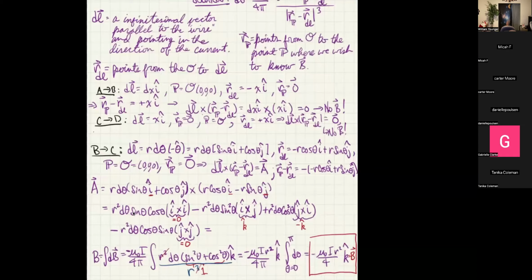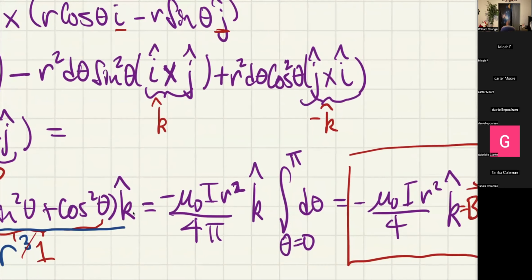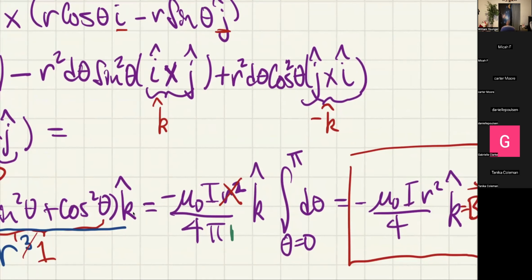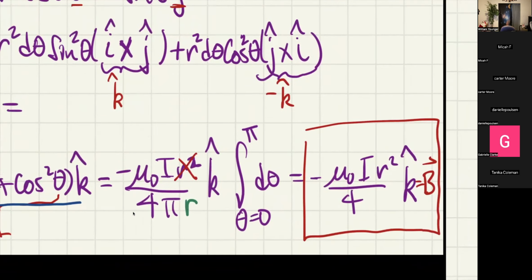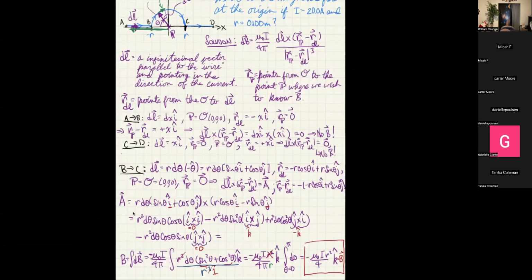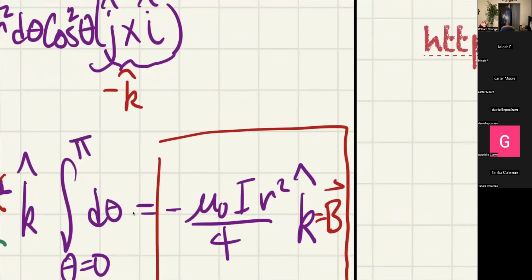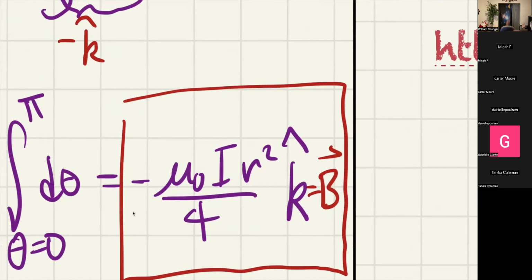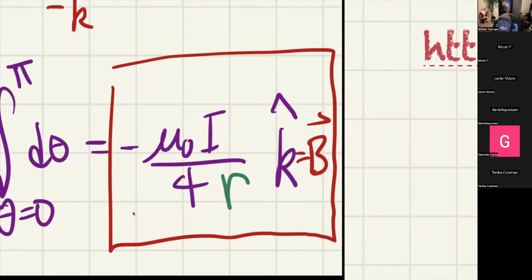So now in this case, this is gone, but we're going to have a single R in the bottom. And that means this part right here has the R squared being gone again, and the R is in the bottom. Okay.